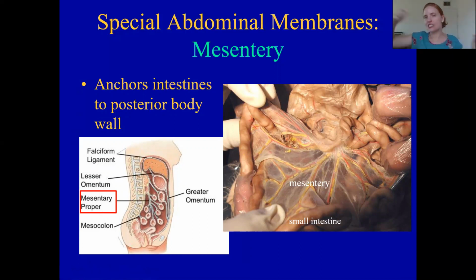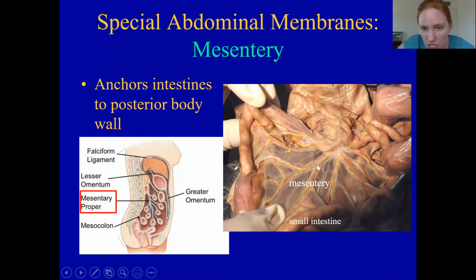So if you were to slice open your stomach, your guts aren't going to just spill out, because they're physically anchored to the back wall. The function of the mesentery is to anchor the intestines to the posterior wall of the abdominal cavity. This mesentery is a clear membrane, and running through it is a bunch of blood vessels.